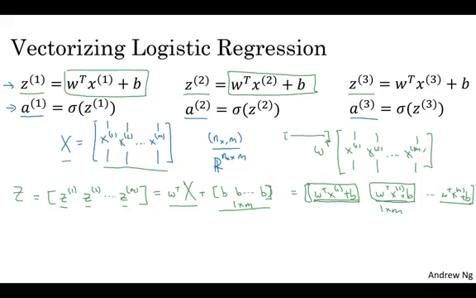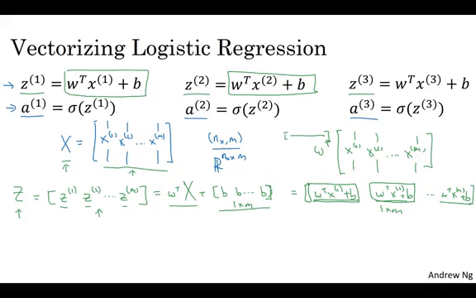When you stack the lowercase x's corresponding to different training examples horizontally, you get the variable capital X. In the same way, when you take these lowercase z variables and stack them horizontally, you get the variable which I'm going to denote capital Z.